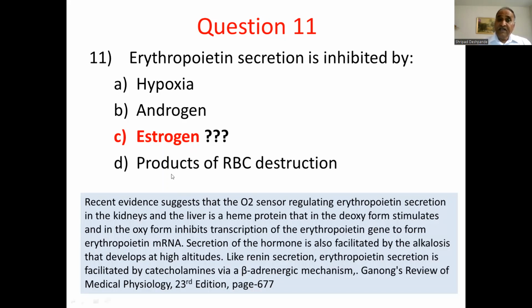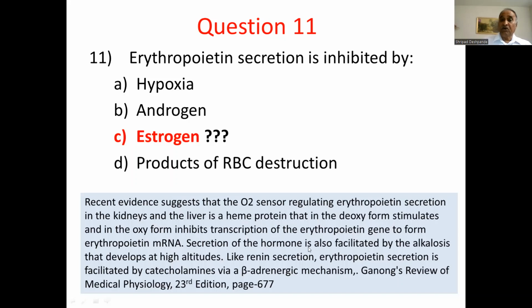Here I read the thing which I have taken from Ganong. Recent evidence suggests that the oxygen sensor regulating erythropoietin secretion in the kidneys and liver is a heme protein, coming from erythrocyte destruction, that in the deoxy form stimulates and in the oxy form inhibits the transcription of the erythropoietin gene to form erythropoietin mRNA.